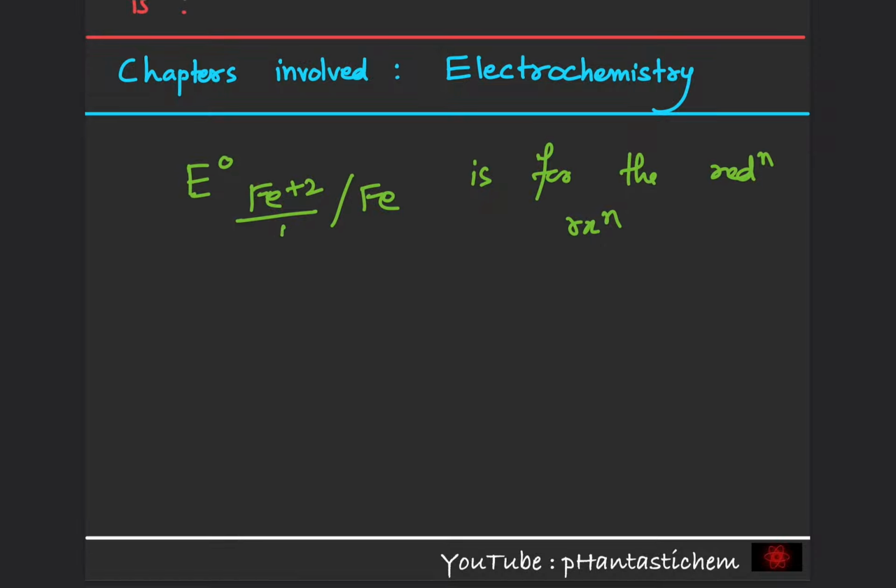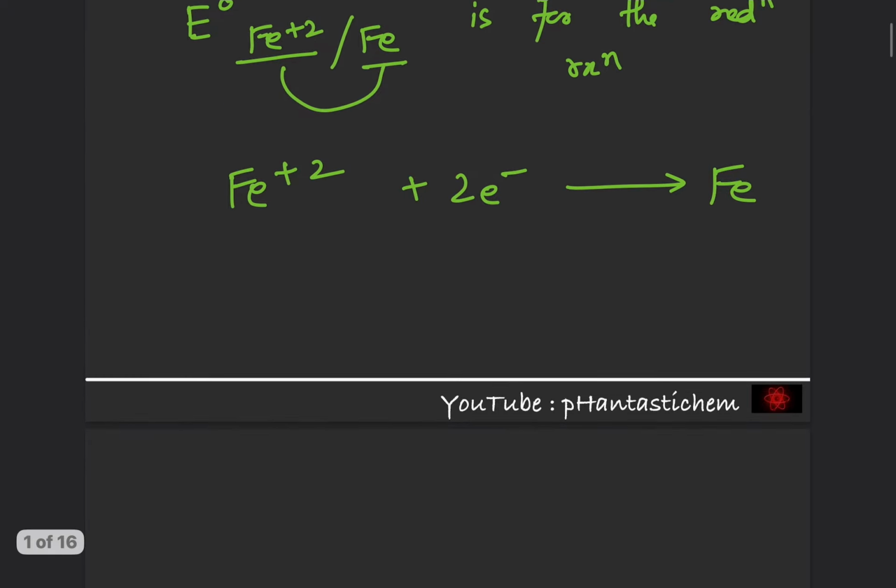Because Fe+2 is getting converted into Fe, so it is definitely gaining electrons. Fe+2 gains 2 electrons to form Fe. Let's say this is reaction 1, and for this reaction they have given the E naught cell value, that is x volt.